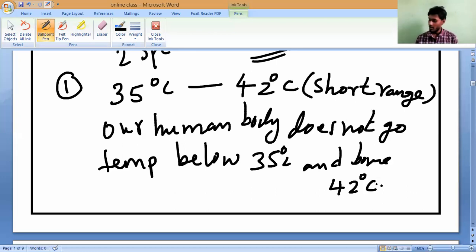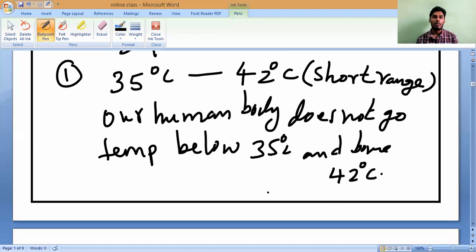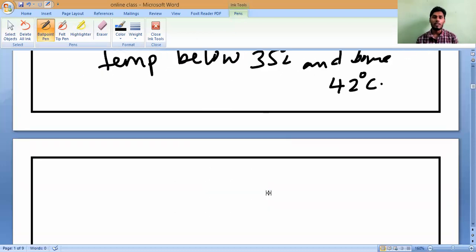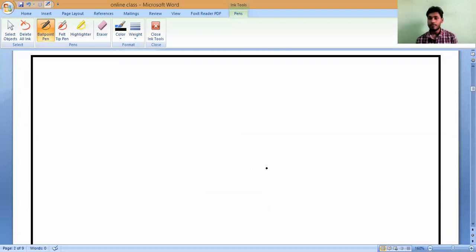That is why we designed this thermometer between the range of 35 to 42 degrees Celsius. Do you understand? Yes or no? That is the first feature.